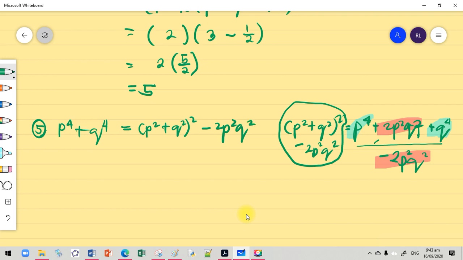Okay, and we can rewrite this further. Because we don't have the value of p square and q square, we can rewrite that as 2 times pq, squared, so that we can substitute the pq. Then let's substitute available values. We have already the value for p square plus q square, that is 3, squared, which is 9.